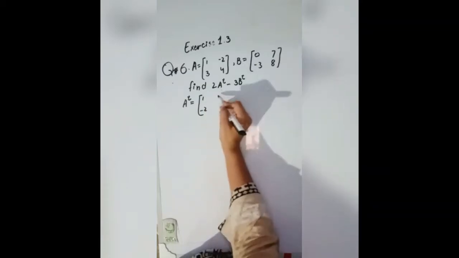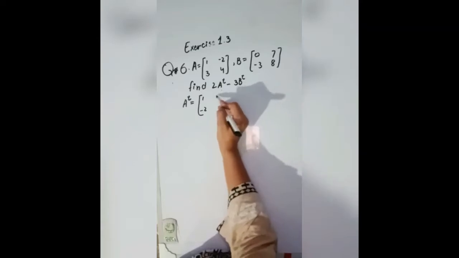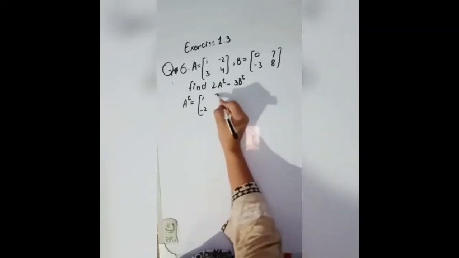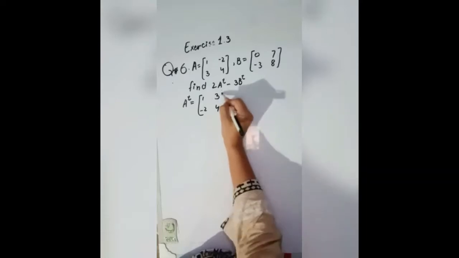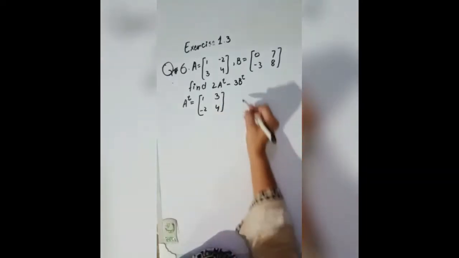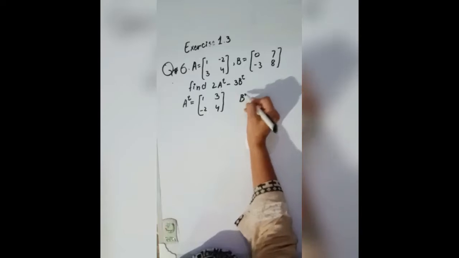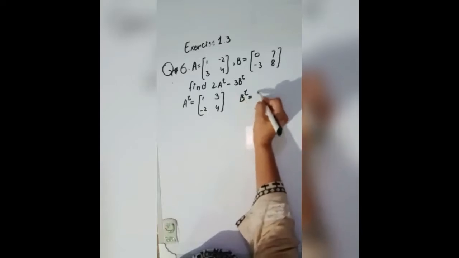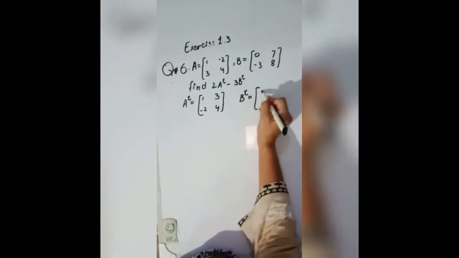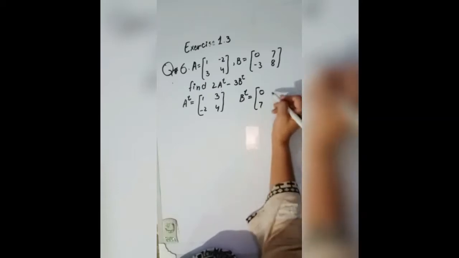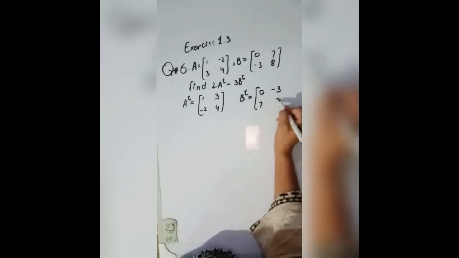So we have to convert it into column. And second row is 3 and 4. So this is transpose. Next we have to find B transpose, which is equal to 0, 7, minus 3 and 8.